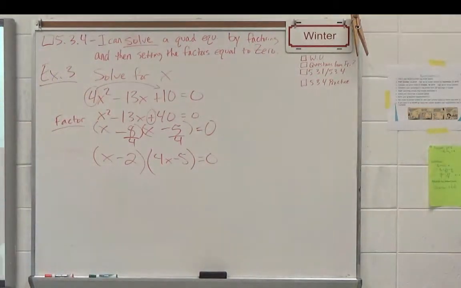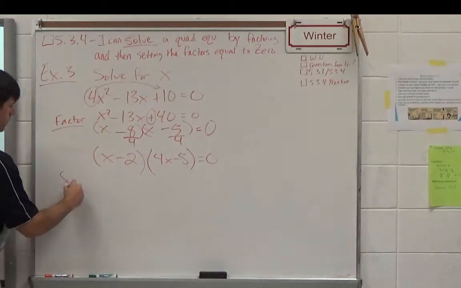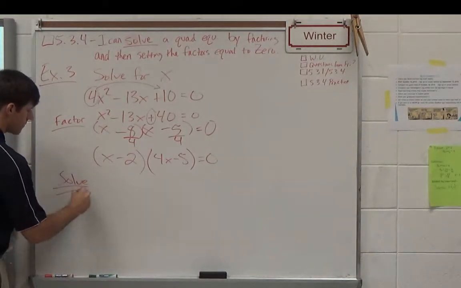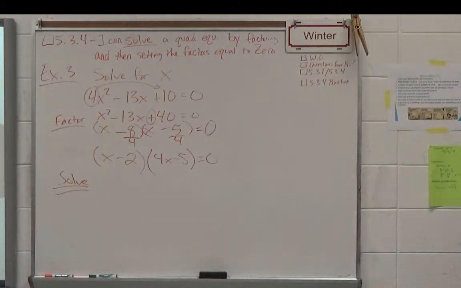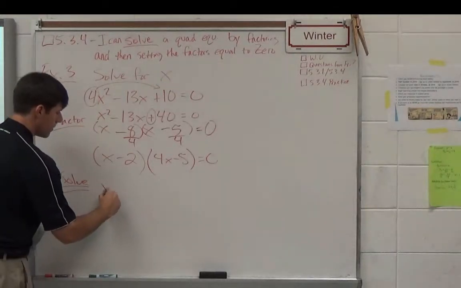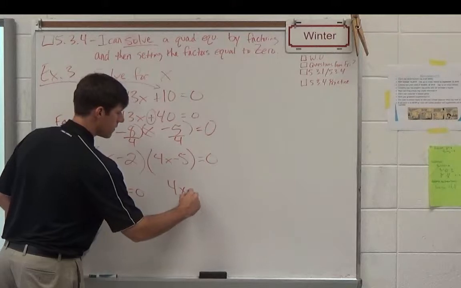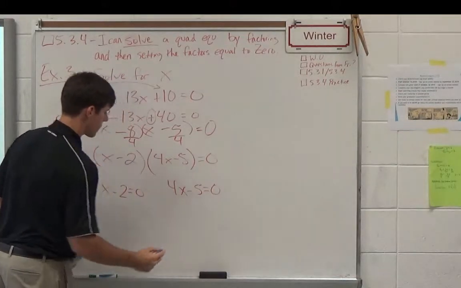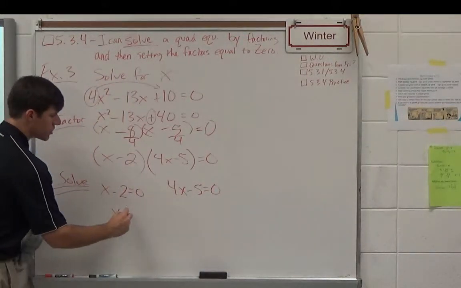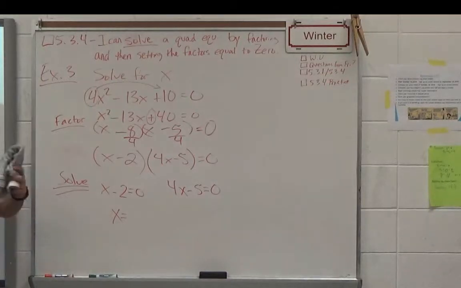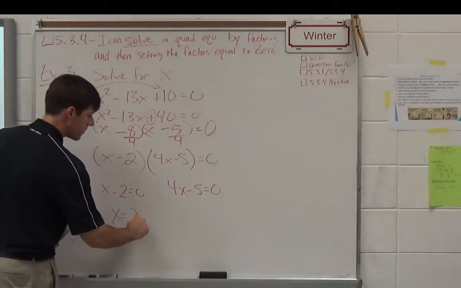Now we get to that solve step. Once we get to this step, we set our factors equal to 0. Now I just know if I add 2 over, x is going to be positive 2.